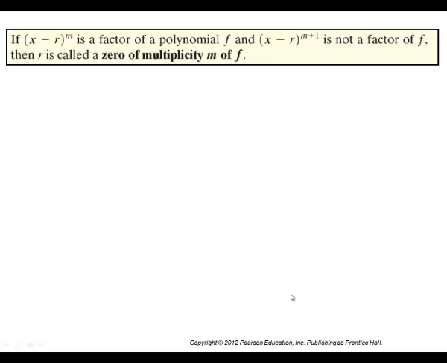So let's say r was 2, and let's say this m up here was a 3. So let's say this is x minus 2 to the third power. Then the zero would be a 2 with a multiplicity of 3.